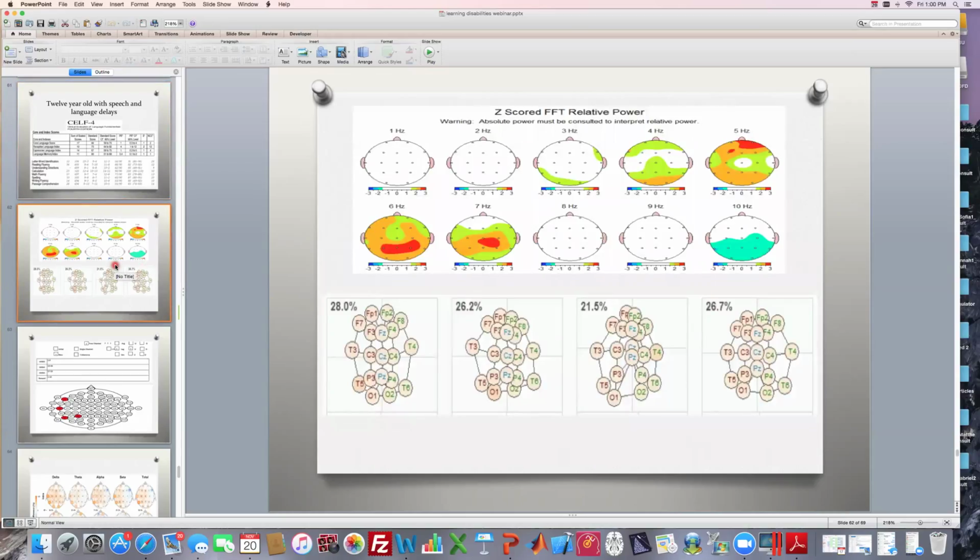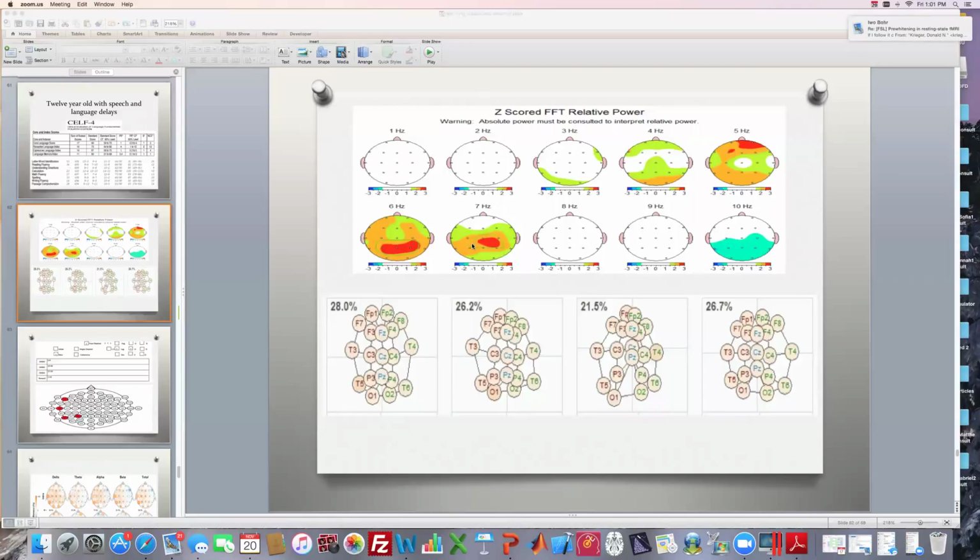This is what their QEEG looked like. From this, you can see in relative power, some excess theta that occurs in different locations. And it isn't really focalized for that left hemisphere region necessarily, but we can see a lot in what's probably the semantic area back in here.